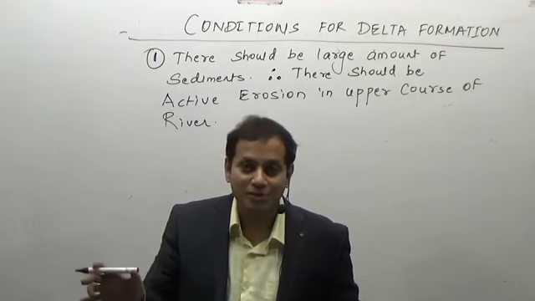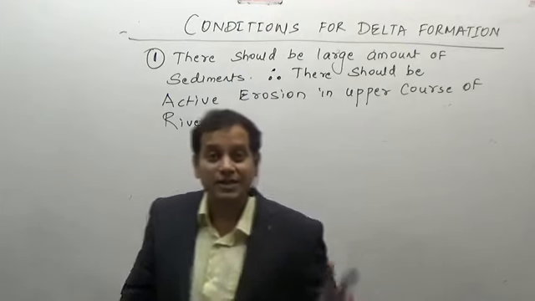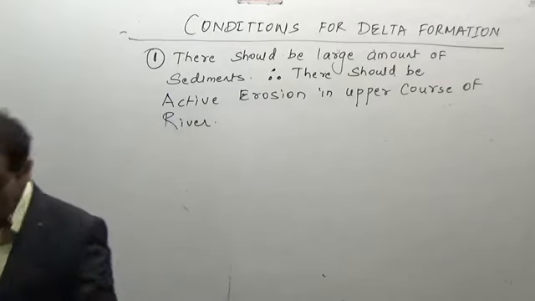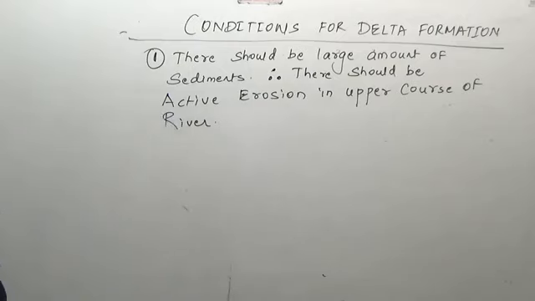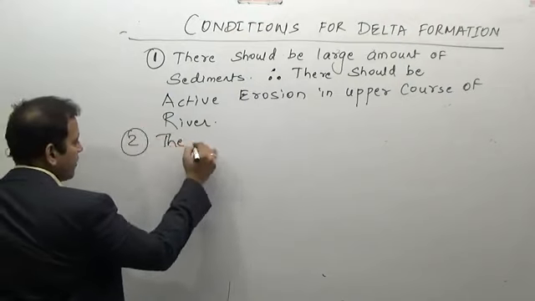Obviously 2000 kilometers, not the 20 kilometers one. Therefore, the second condition is the river should travel a large distance, or we can say the river course should be long.